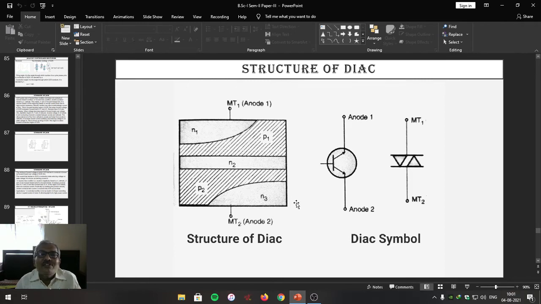DIAC mainly consists of three layers, that is PNP. For our clarity, we can represent these three layers as P1, N2, P2. These layers are like that of a PNP transistor.